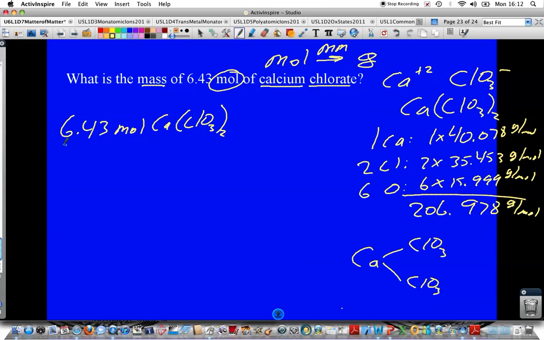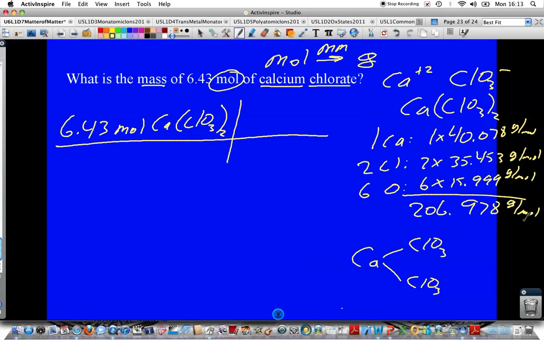I'm going to use dimensional analysis. Dimensional analysis is basically a way to convert from one unit to another. So here we're converting from moles to grams. And so we need a conversion factor using our molar mass so that we have 2 things that are equal to each other. Our molar mass is 206.978 grams per mole, so that's that many grams in 1 mole.